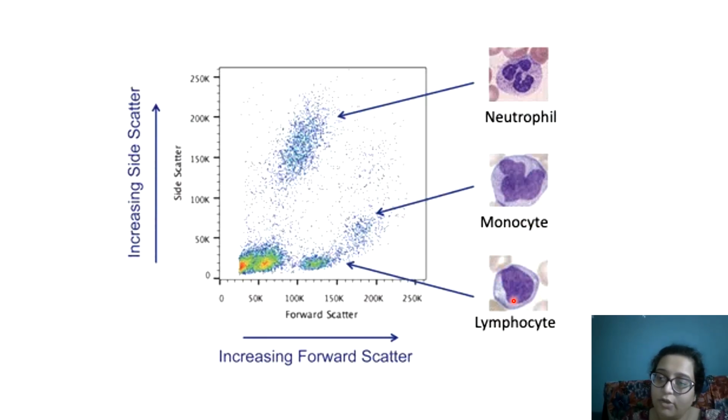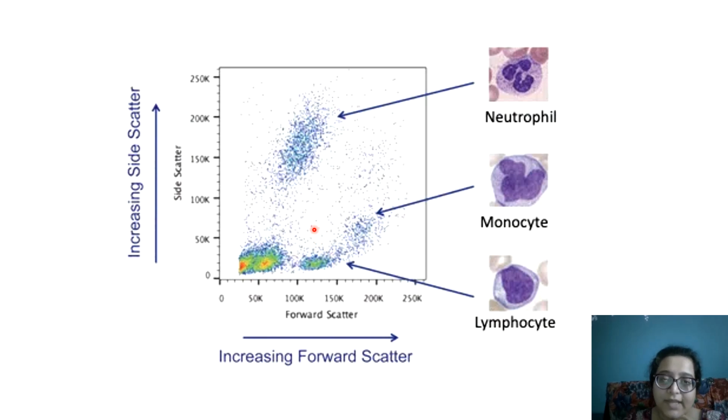So the forward scatter of a lymphocyte would be lesser as compared to a monocyte. Now, the monocyte might have some granules and a slightly more complex nucleus as compared to a lymphocyte. So the side scatter of a lymphocyte will be lesser than a monocyte. The size is smaller, and the complexity of a lymphocyte is much less. It is a very uniform, non-complex cell.